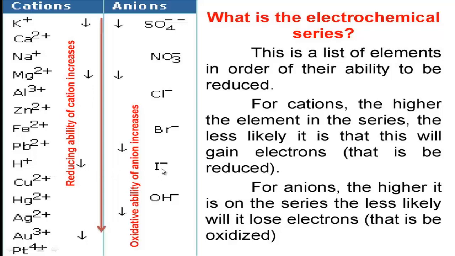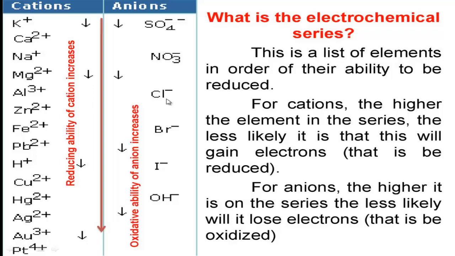So for example, in the electrolysis of sodium chloride solution, we have seen that chloride ion and hydroxyl ion are present as anions, and according to the electrochemical series the position of hydroxyl ion is lower than that of chloride ion, so it has more tendency. But why is chlorine gas produced there?